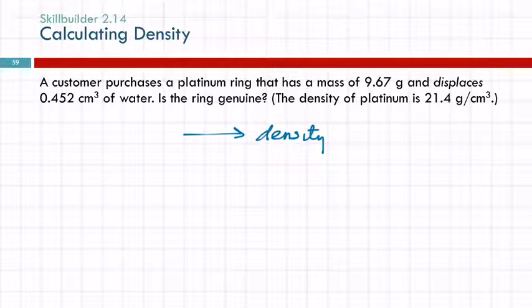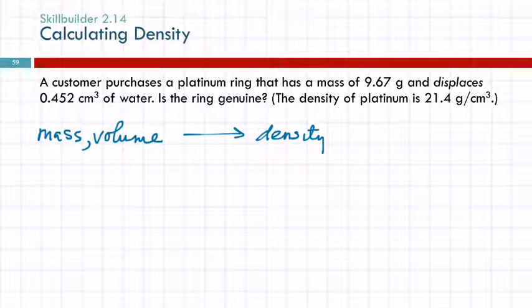And they're giving us a mass, right? And a displacement. What the heck is that? Look at this unit. Cubic centimeters. That's a unit of what? Volume. It's a unit of volume.